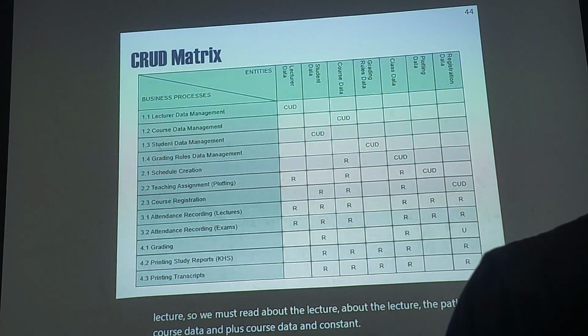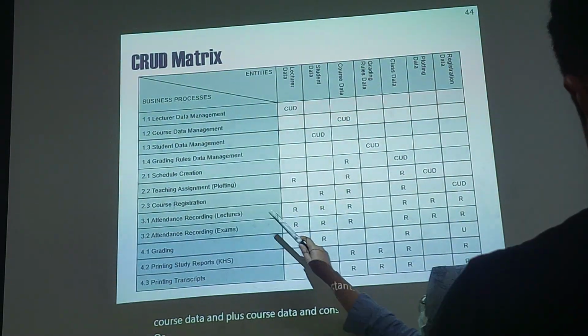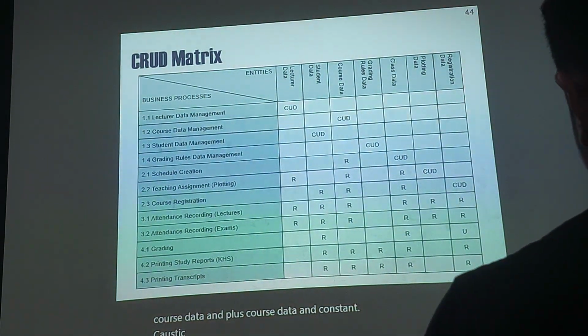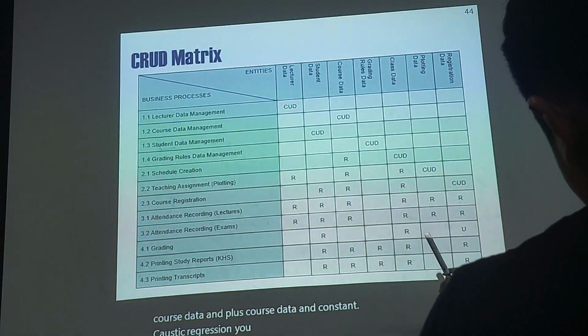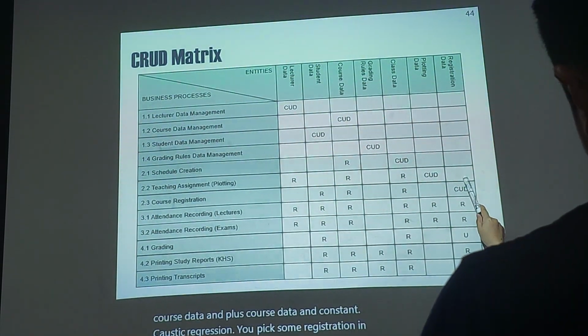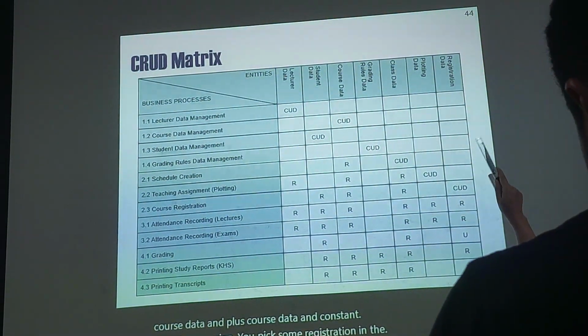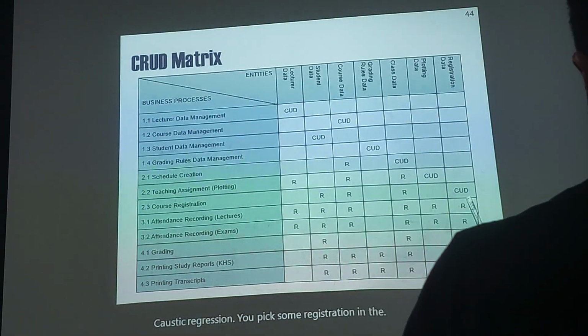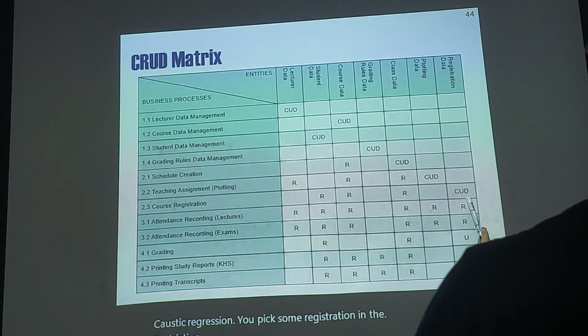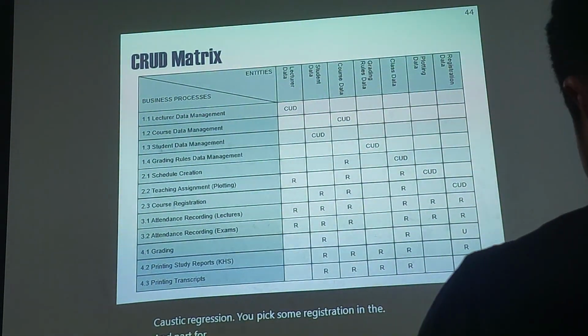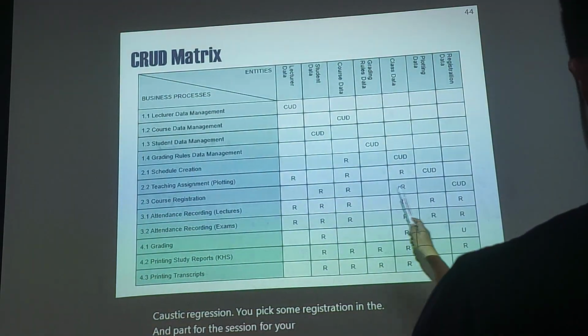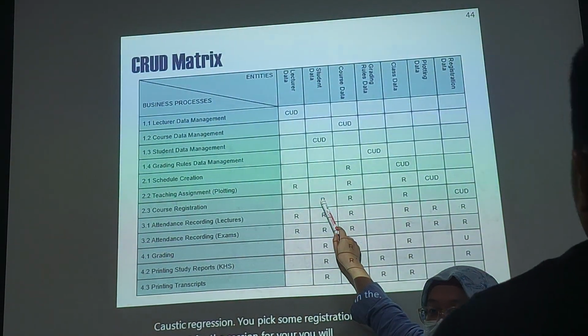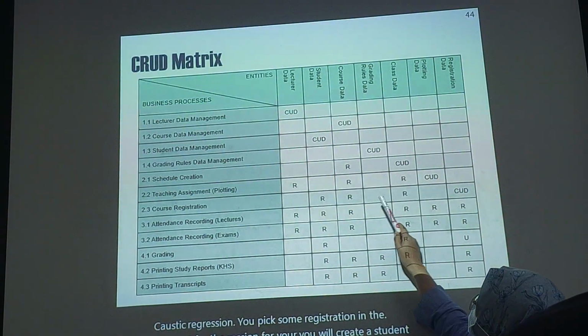For course registration, you make registration at the beginning. You create registration data for your KRS, but you will read the student ID, course data and class data.